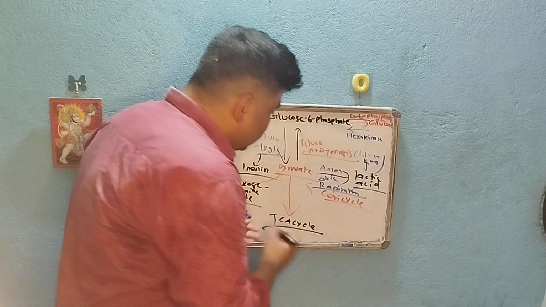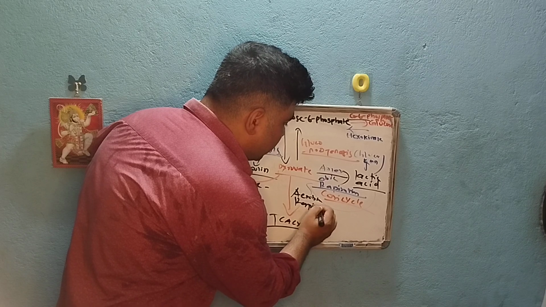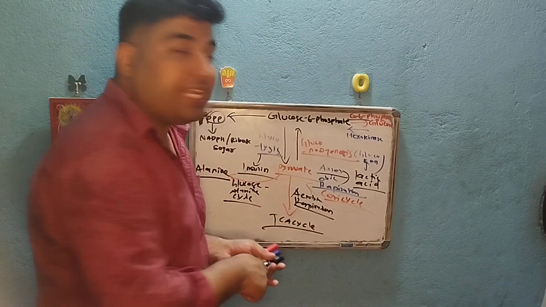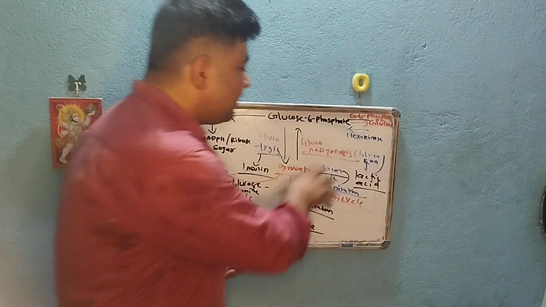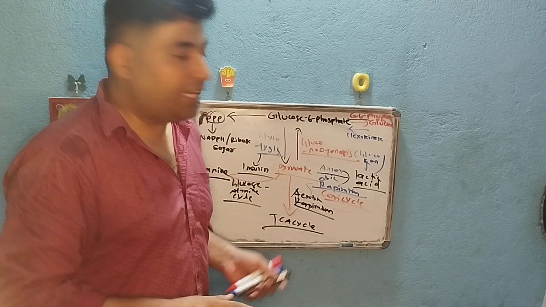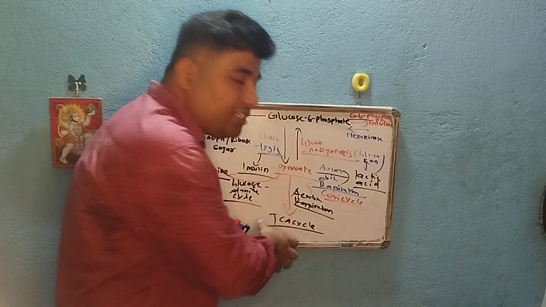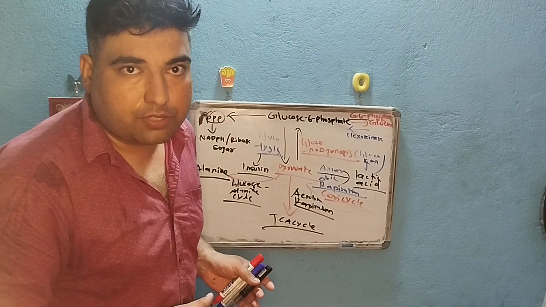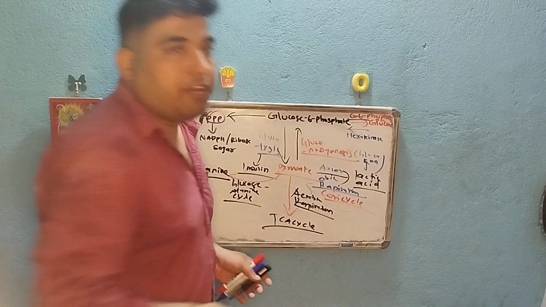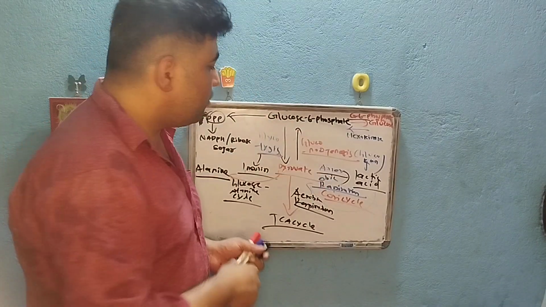So the difference is that during aerobic respiration, the amount of ATP produced is different from that of anaerobic respiration. The TCA cycle happens in the mitochondria, and glycolysis happens in the cytoplasm.